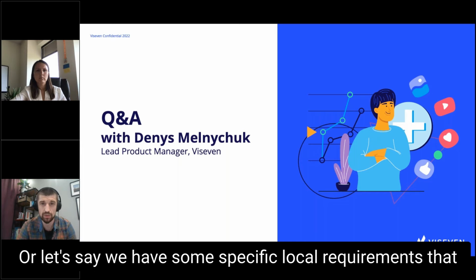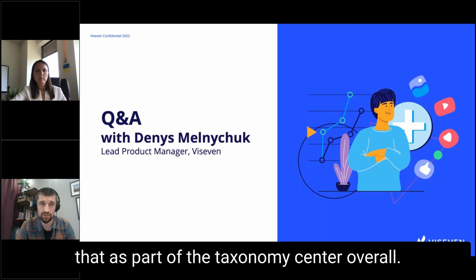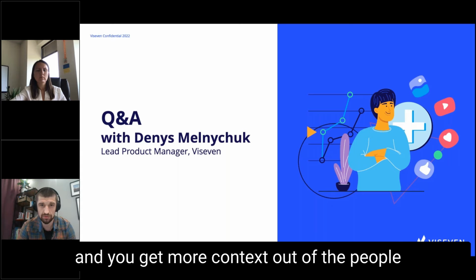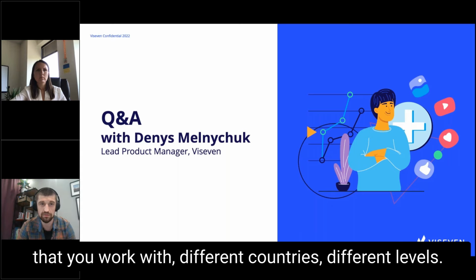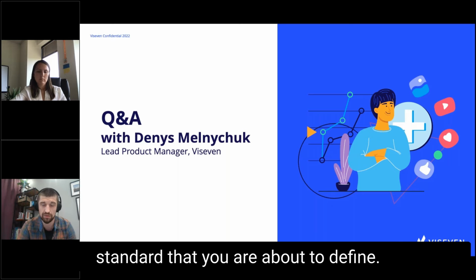Or let's say we have some specific local requirements that we need to work towards, and we need to embed that as part of the taxonomy standard overall. And then you start thinking of all of that and you get more context out of the people that you work with, different countries, different levels, all of that goes into the taxonomy standard that you are about to define.